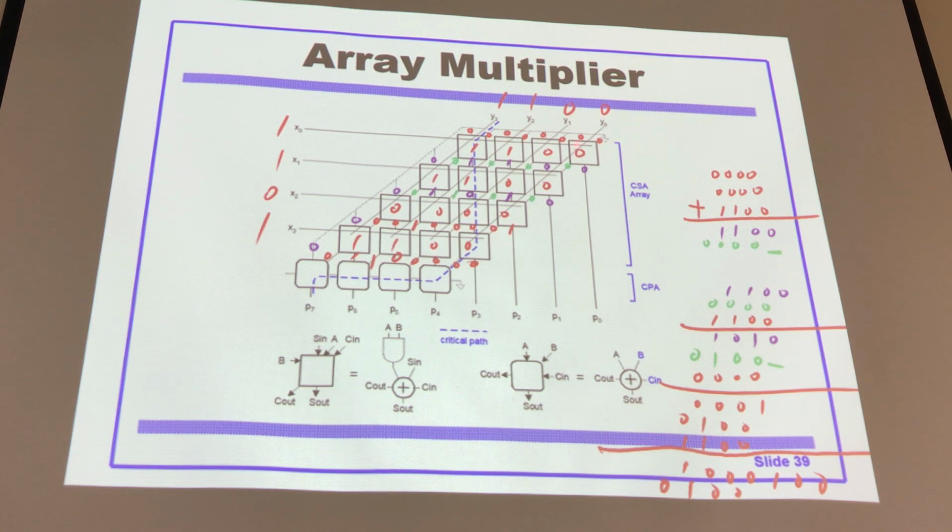These are in parallel, so there is no connection between the cells in the same row at all. So the signal propagates from the top going down to the bottom, and then through the typical adder, right? The critical path. And this is going to be short. It's very short. This is long. It's very fast. Any question?